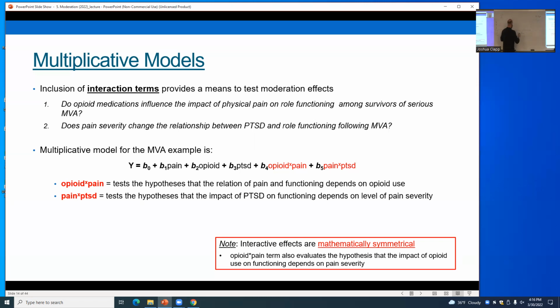Okay, so for opiate use. Here. That's what that looks like.